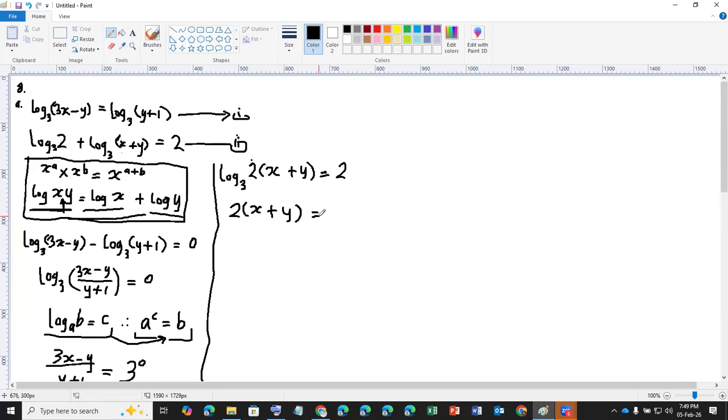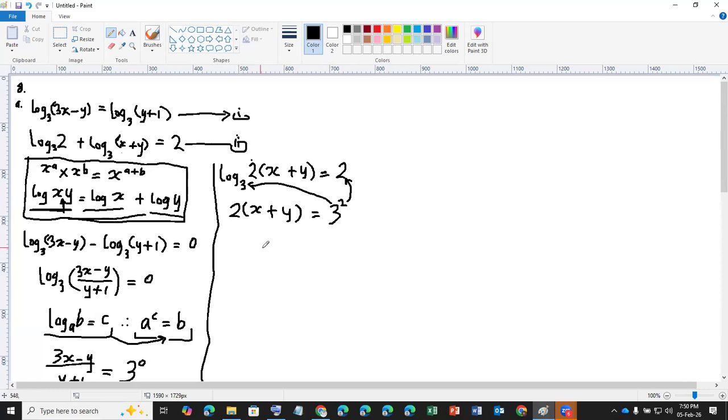The 2 base 3 is 2. Please take note, this 2 is this 2. You got that, Abby? Yes, sir. All right, that's good. And this 3 is this 3.